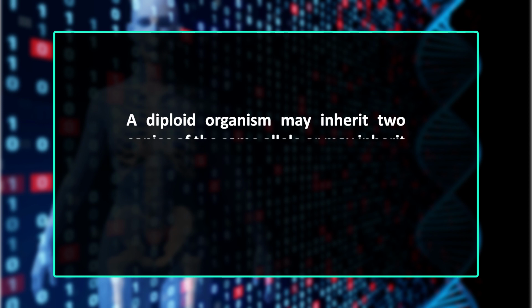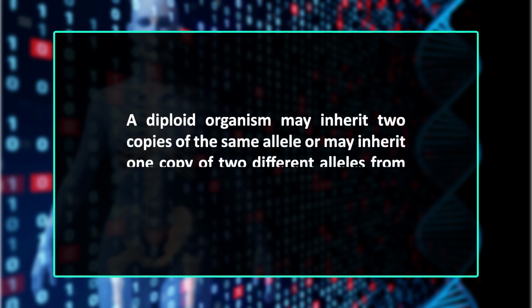Also, the exact as well as fixed position on the chromosome containing a particular gene is termed the locus. A diploid organism may inherit two copies of the same allele or may inherit one copy of two different alleles from their parents.